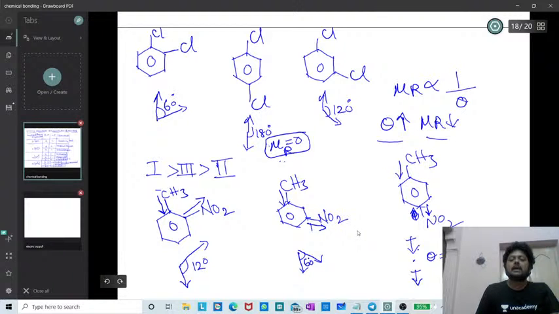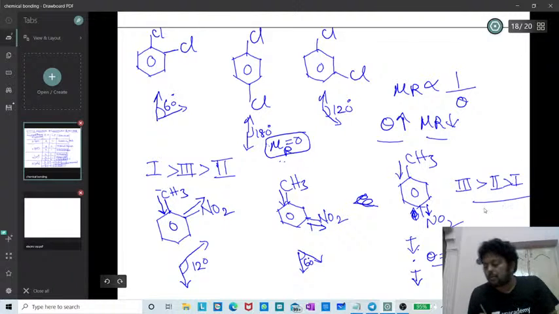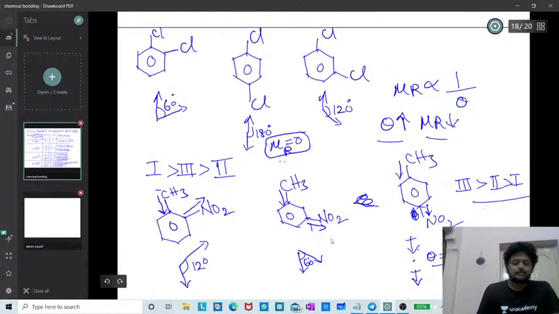So which one has the highest dipole moment? In decreasing order, the third one has the most dipole moment, because smaller angle means more dipole moment. Third, next compound 2, next compound 1, with the least dipole moment for compound 1. Okay.